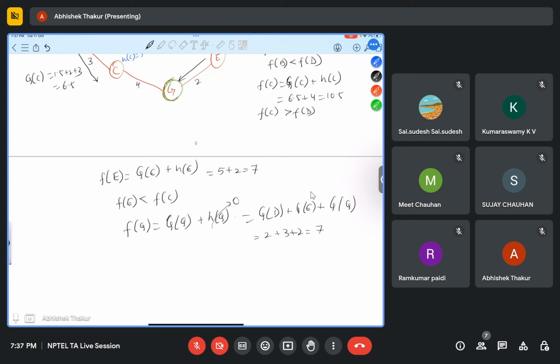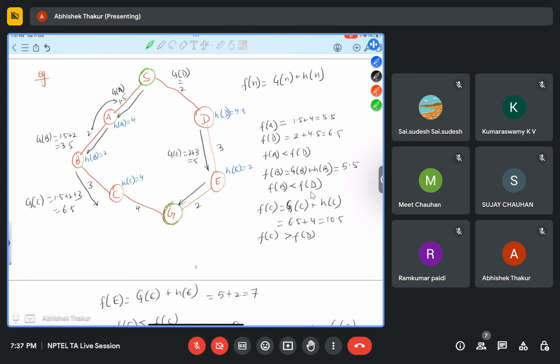This is 7. So we have got the path. Now the parent of G is E, the parent of E is D, and the parent of D is S. So we can back traverse and we can get the optimum path having the least cost using the A star algorithm.